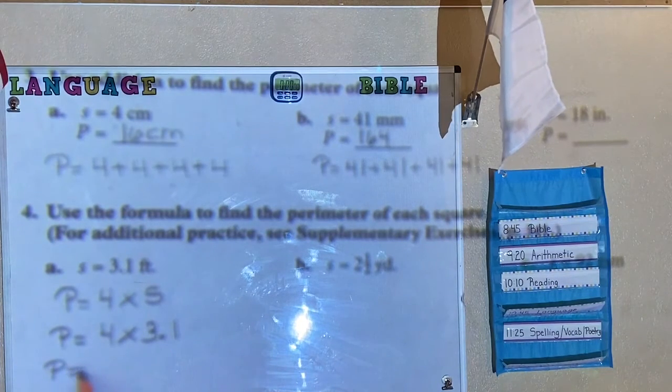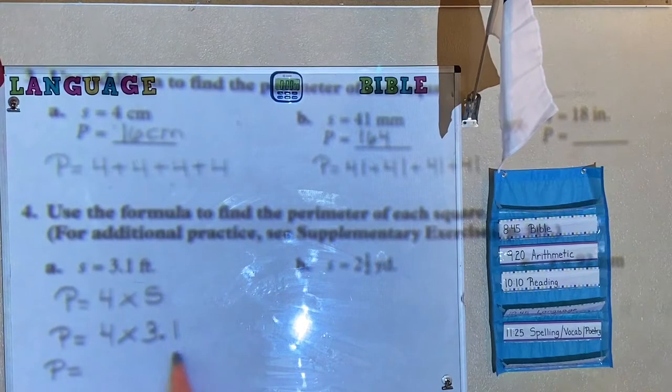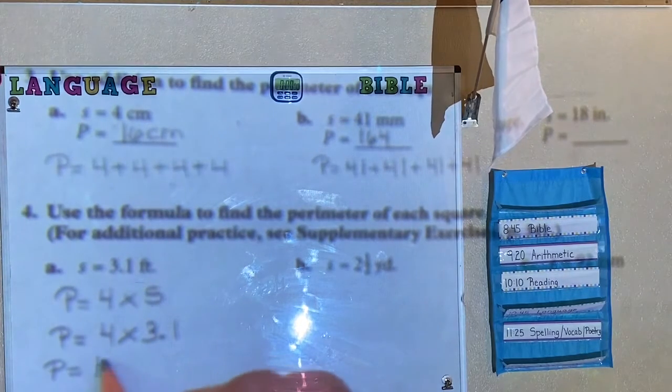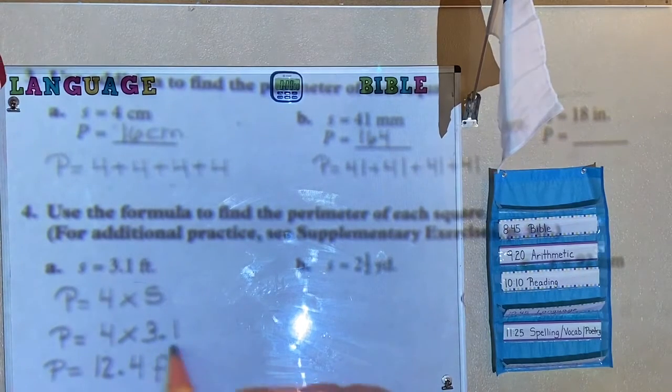When we multiply 4 times 3.1, that gives us 12.4 feet.